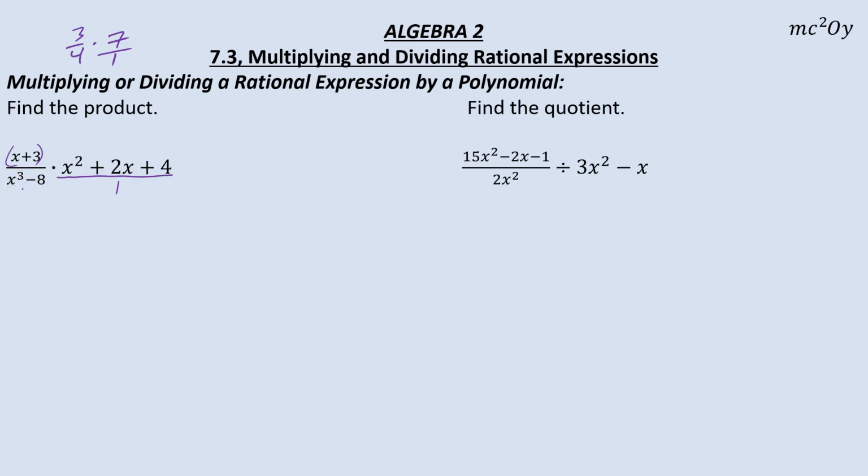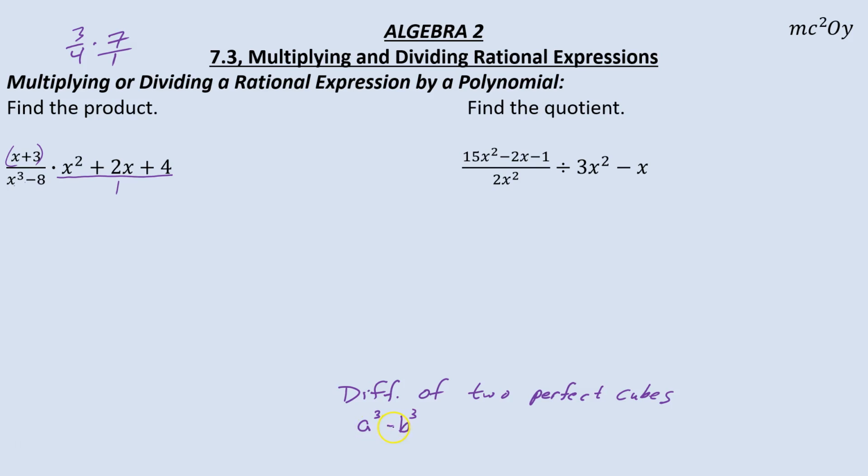That's 2 cubes. So if you don't remember that pattern, let's do a quick reminder down here. Difference of 2 perfect cubes. Okay, and so let's say we have a cubed minus b cubed.